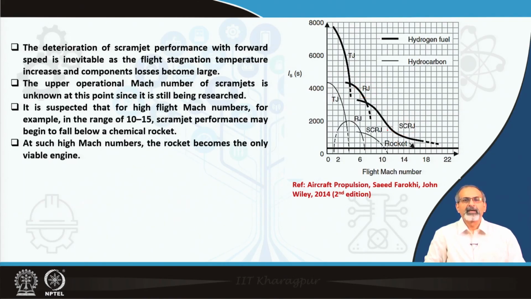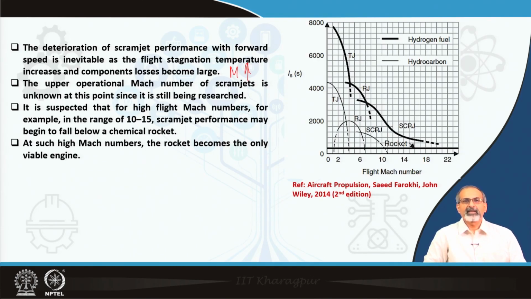possibility that you have. The deterioration of scramjet performance with forward speed is inevitable as the flight stagnation temperature increases and the component losses become larger and larger as the Mach number goes up further. The upper operational Mach number of scramjets is unknown at this point because it is basically being researched.